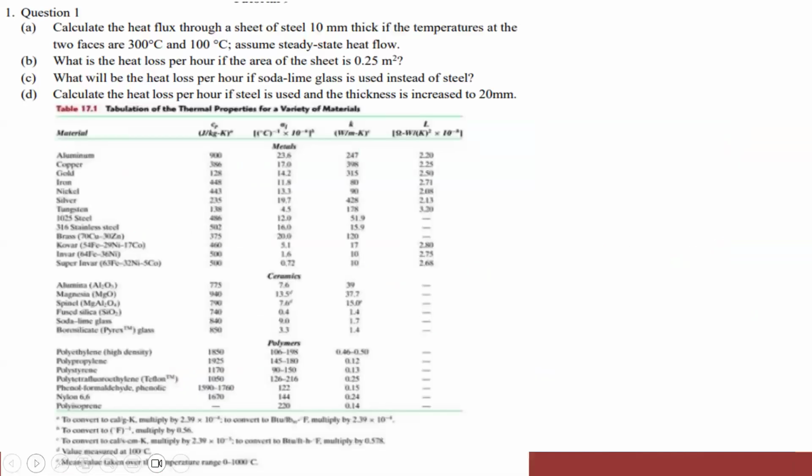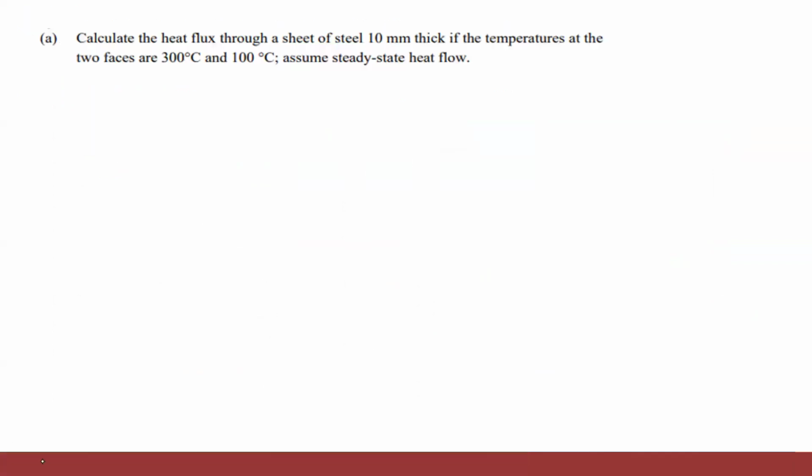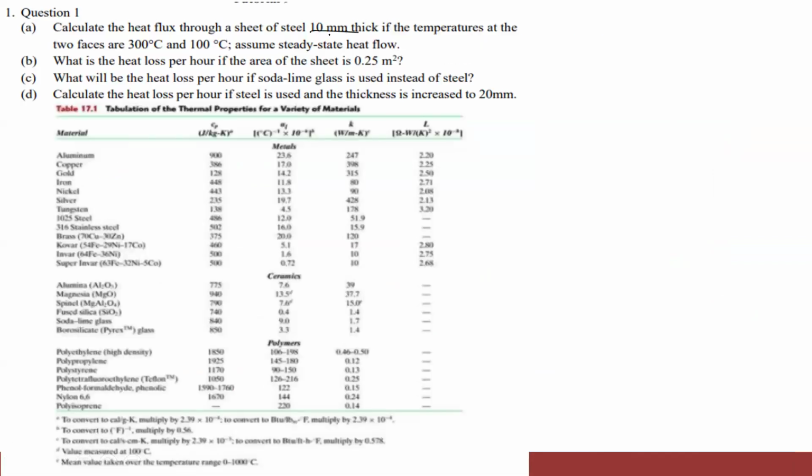Okay, now let's start with the first question. The question: calculate the heat flux through a sheet of steel which is 10 millimeters thick. The temperatures at the two faces are 300 and 100, assume steady state heat flow.